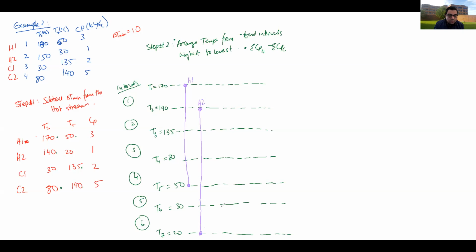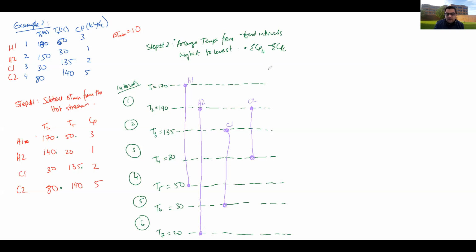C1 goes from 30 all the way up to 135. And C2 goes from 80 all the way to 140. So these are my streams.